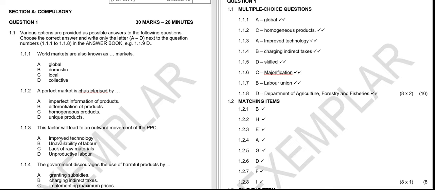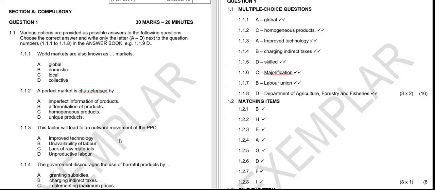Then we also go to number 3. This factor will lead to an outward movement of the PPC. Remember, when we have an outward movement of the PPC, it means the capacity to produce is increased. In other words, we have more resources than what we used to have. So we have more capacity to produce. So it will lead to an outward movement of the PPC.